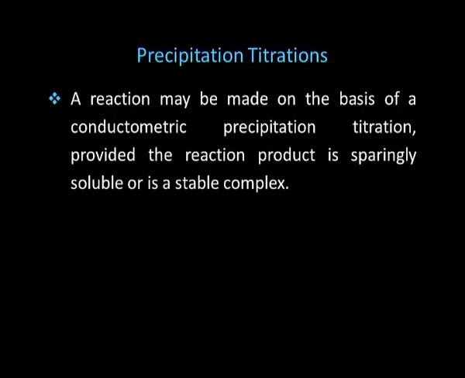Let us now come to precipitation titration. In these type of titrations, the ion is replaced by another ion having less rate of flow. This gives wide variation in conductivity. A reaction may be made on the basis of a conductometric precipitation titration, provided the reaction product is sparingly soluble or is a stable complex.